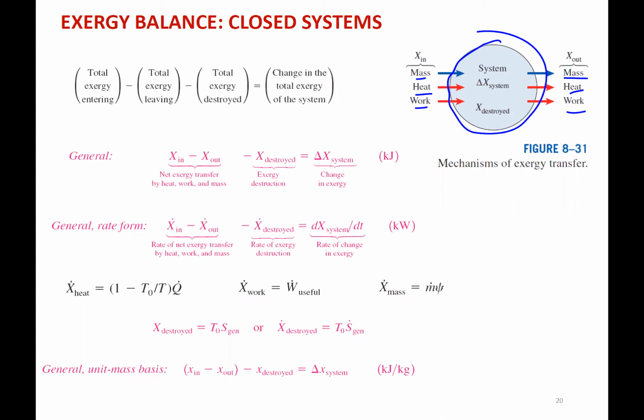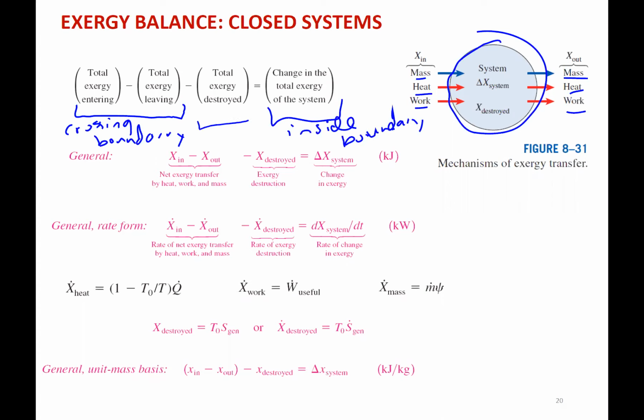If we just set it up in words, we can have what's crossing our boundary on the left. On the right, we have inside our boundaries change in exergy. And then we have what's being destroyed. That's that T naught Sgen.